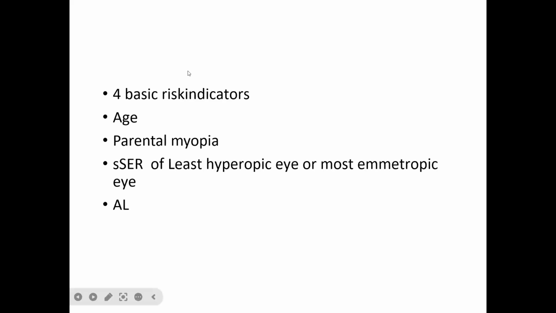They have created a free online website, myopiaonset.com, where the sir has already shown how it predicts the final risk of myopia. The 4 basic risk indicators which they have taken are age, parental myopia, spherical equivalent of refraction of the least hyperopic eye or most emmetropic eye, and axial length.